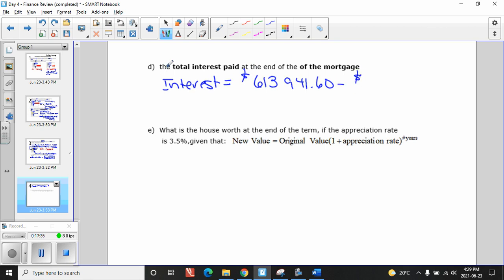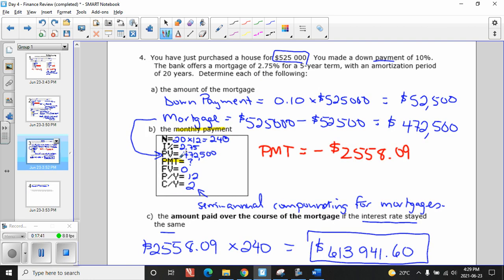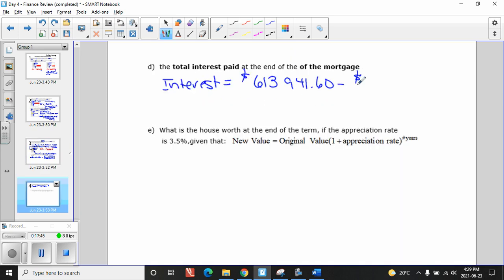Sorry, not the house cost. That's a mistake in my wording on the previous page. The interest. Oh, yes. I'm actually going to write down here the mortgage amount. So we borrowed $472,500 and ended up paying back $613,000.